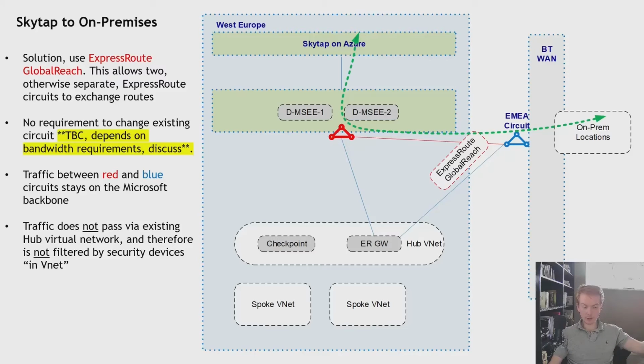So as we said earlier, when we captured the customer's existing environment, is it a 10 gig circuit? Is it a 1 gig circuit? What's the current utilization? If you plan on running a Skytap migration that needs 2 gigabits per second of bandwidth for 3 months, maybe you need to think about upgrading that blue circuit or adding a separate blue circuit, as I'll show in a later slide.